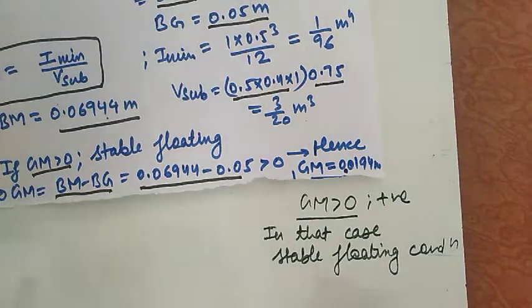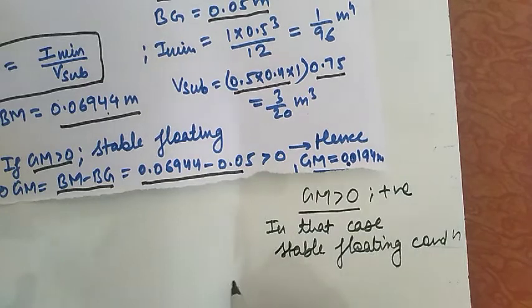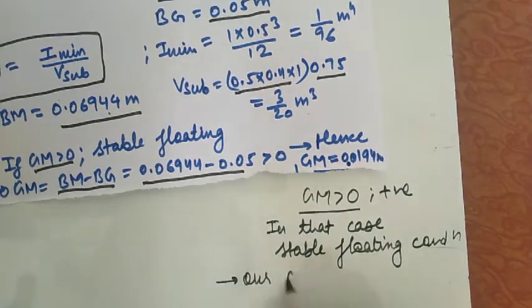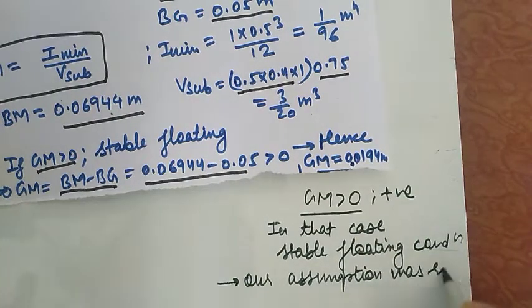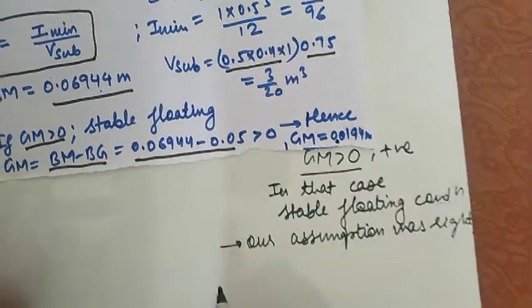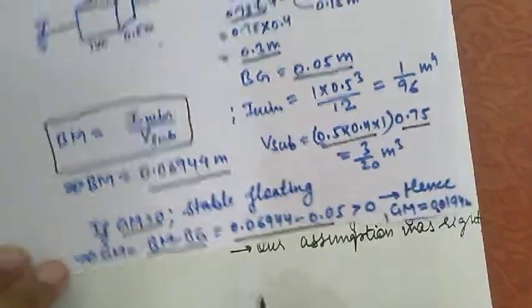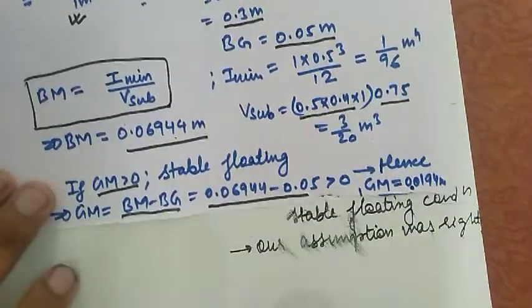So now we have a stable floating condition, which means that our assumption was right. That means our assumption was right, and the body will float in this condition only. We have to write this.